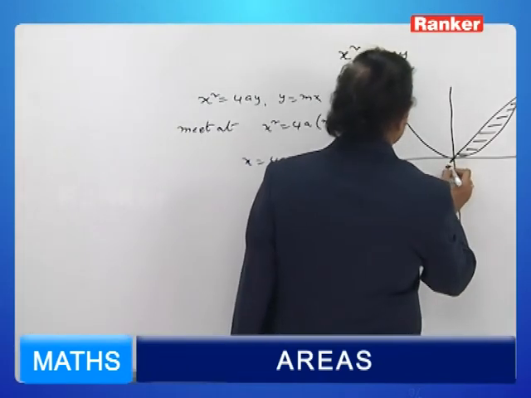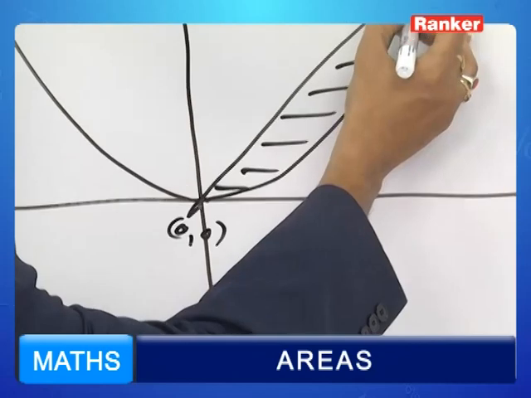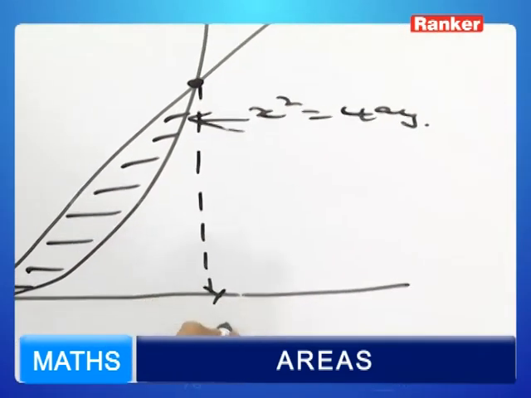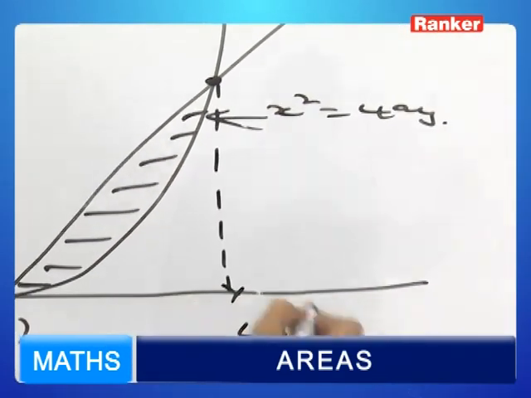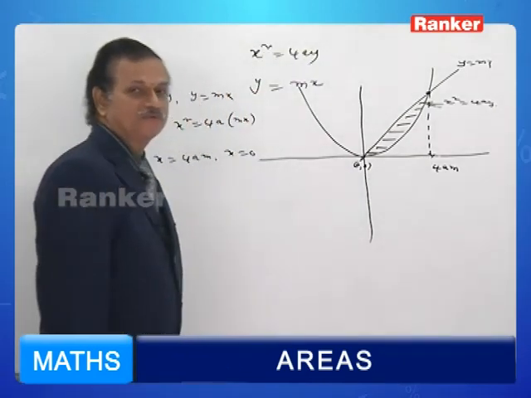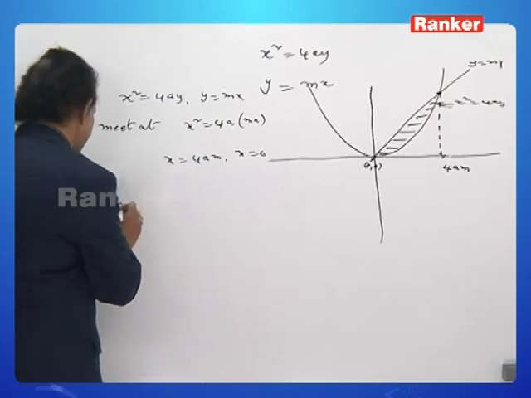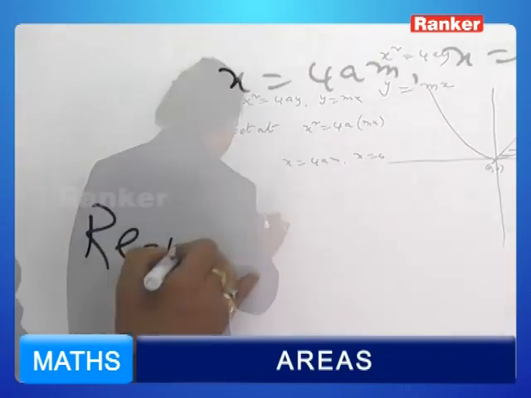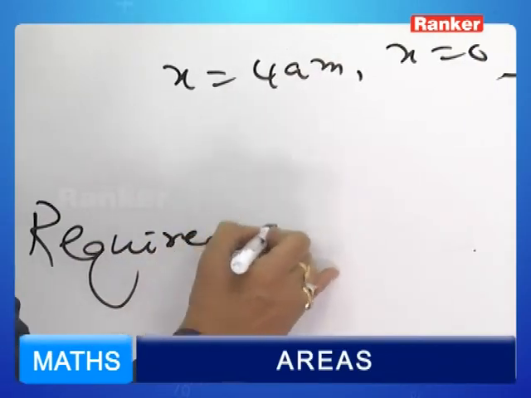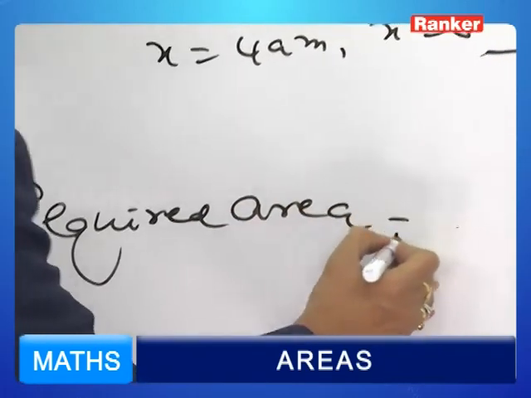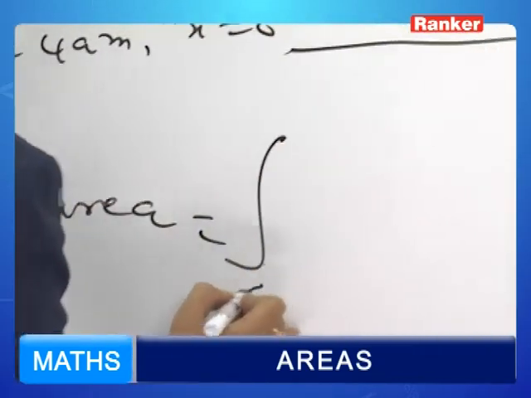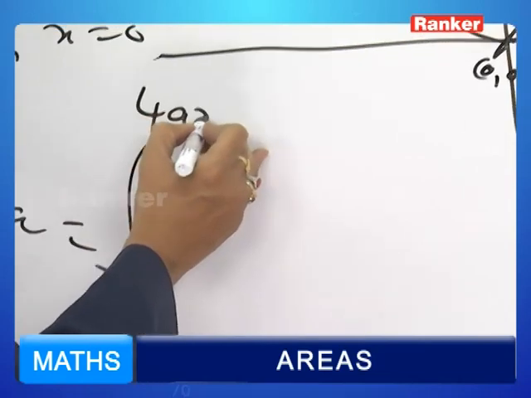One point is the origin, and here x is 4am. Come on, you can easily trace the area. Required area is equal to integral 0 to 4am.